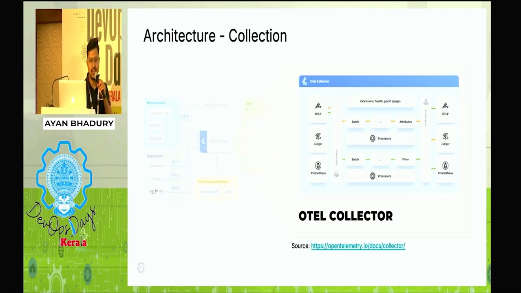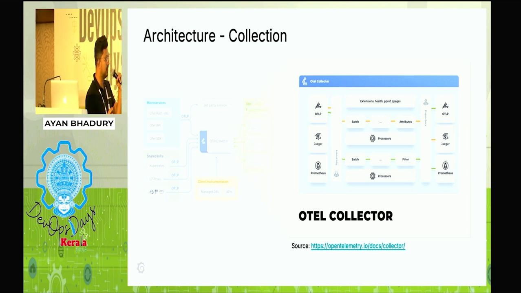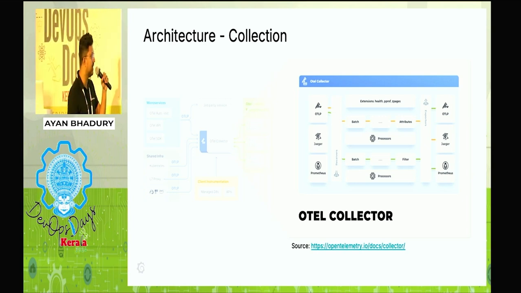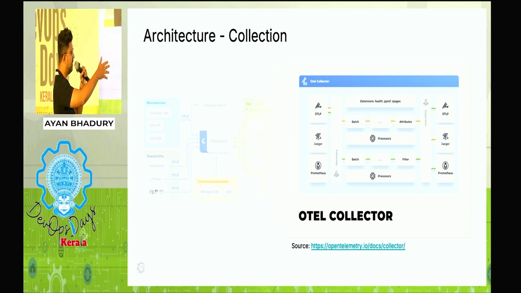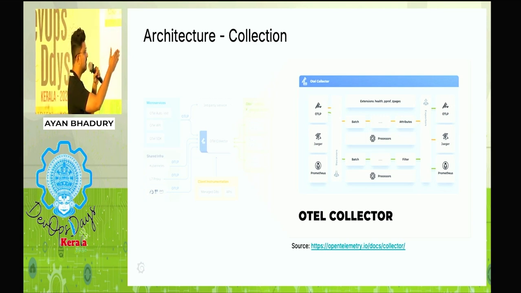This is another diagram which highlights what the OpenTelemetry collector is. As I mentioned, the OpenTelemetry collector has the receivers. It can be in OTLP format, it can be in Jaeger format, or it can be in a Prometheus-compatible format as well. Then you have the processors, of which there are a couple available, like batch processors, which are actively used.